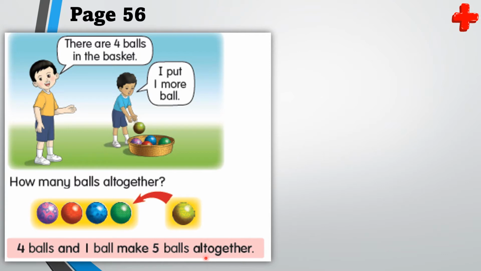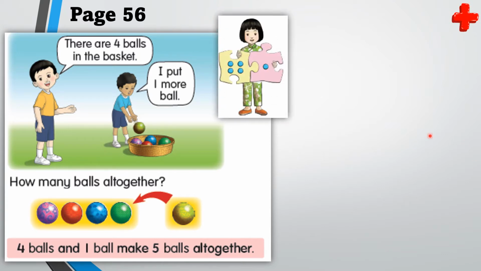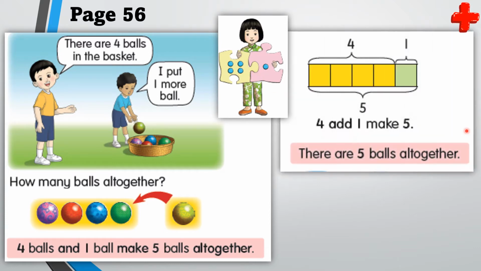Can you understand that? Look at this picture. Actually, we are combining 2 values of number. 1, 2, 3, 4. We combine it with 1. 4 combined with 1. 4 and 1 makes 5.